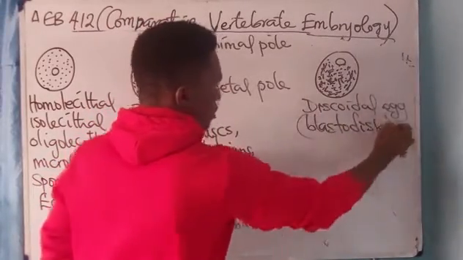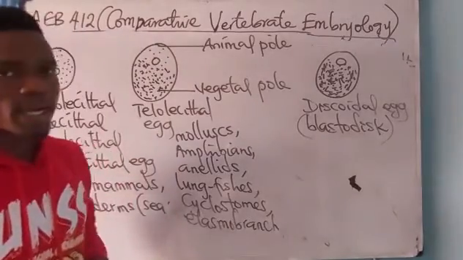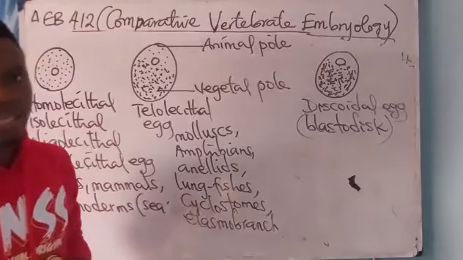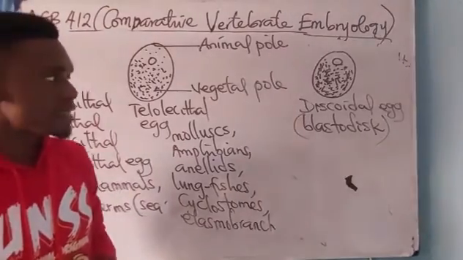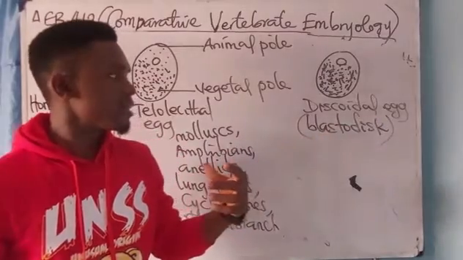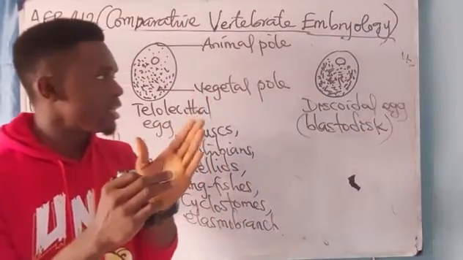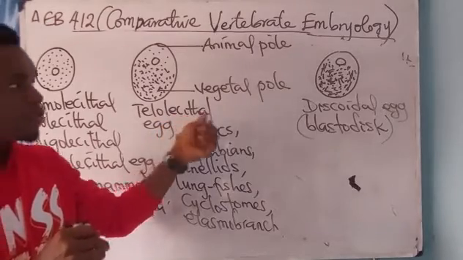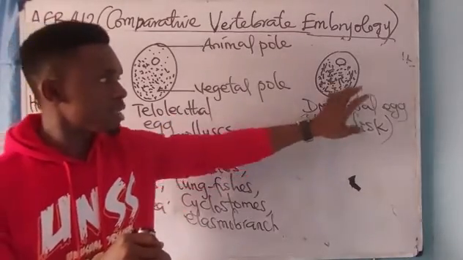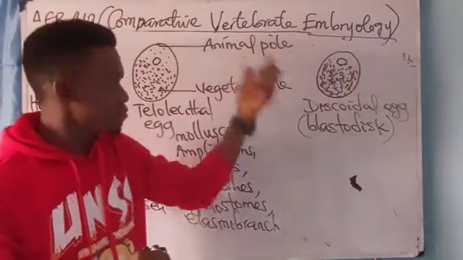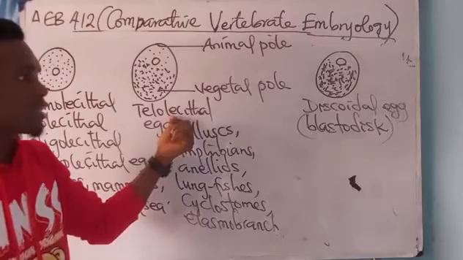Blastodisc is associated with what? A discoidal egg, because of the presence of numerous yolk present in it. Therefore, you can say that discoidal egg has a higher amount of yolk than the telolecital egg, which means that the quantity of yolk present in discoidal egg is more than the one present in telolecital egg.